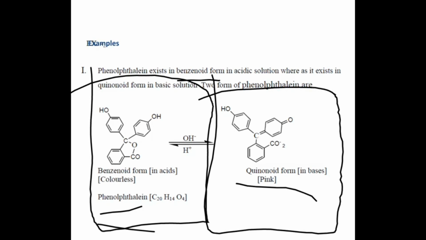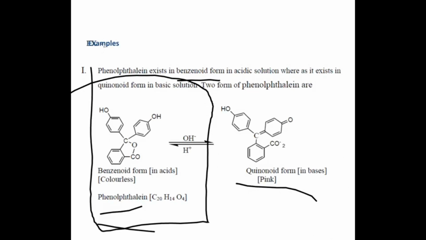So even the structure varies. You can see in the structure, the C double bond is dissociated to C-O, where adding OH gives C double bond. So this shows the differences of the indicator in acidic and basic media.